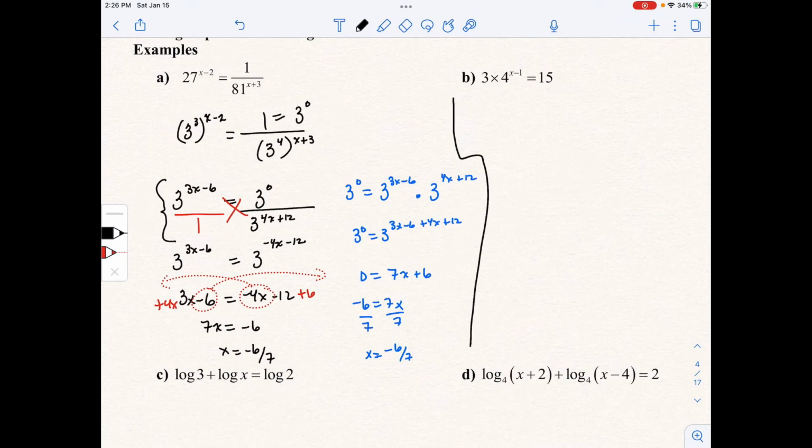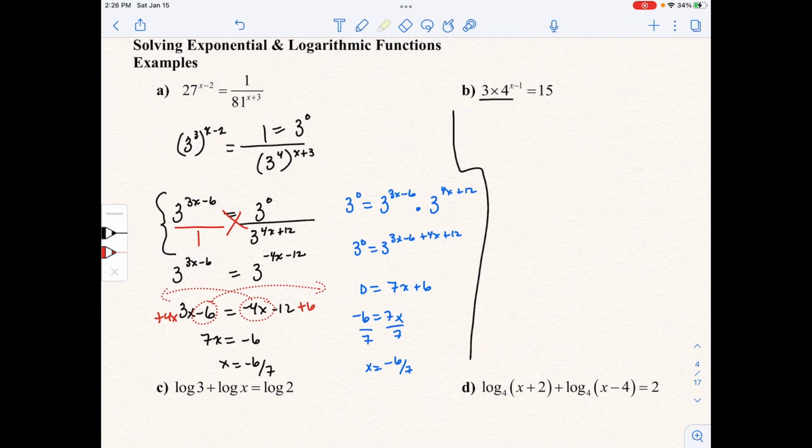For question B, again, I want to try and change these to a common base, but I certainly cannot do that. So I want to isolate my power here, 4 to the x minus 1. So we're going to divide both sides by 3, and we get 4 to the x minus 1 is 5.